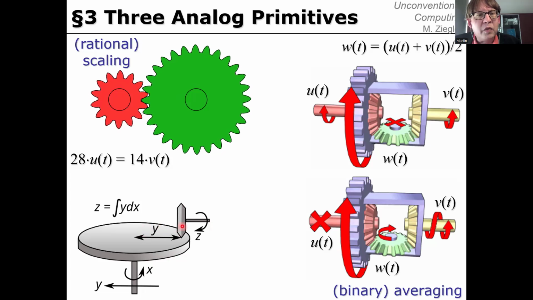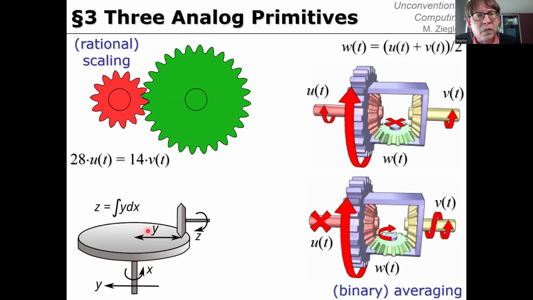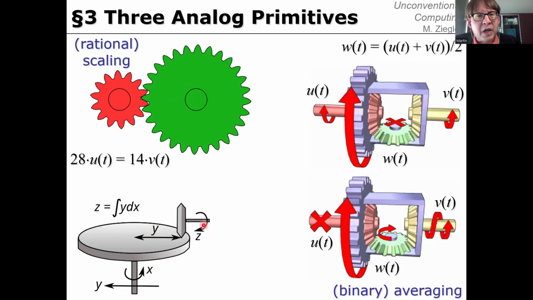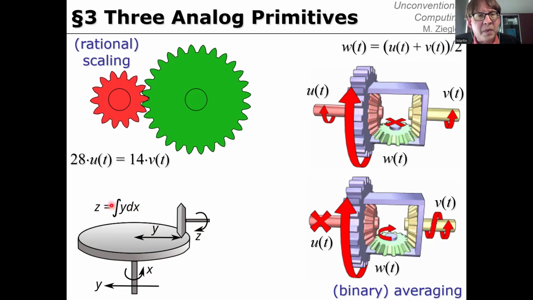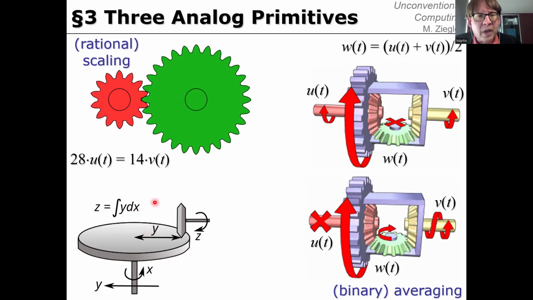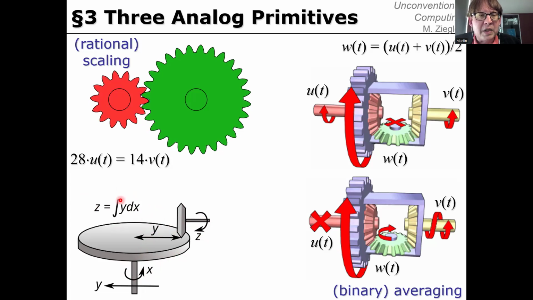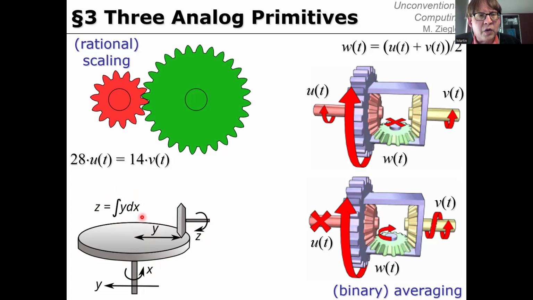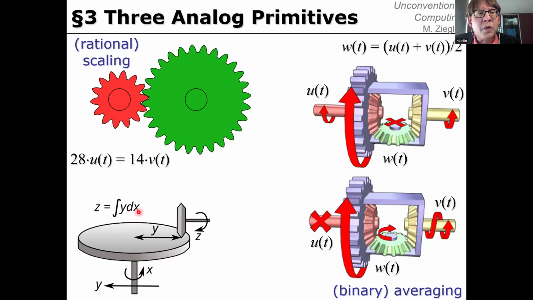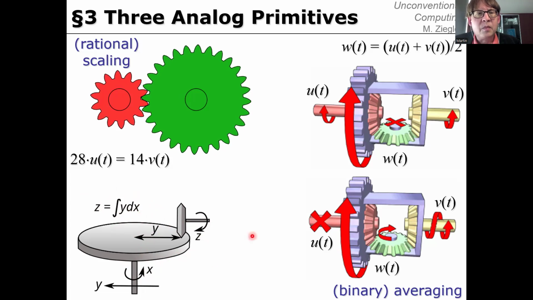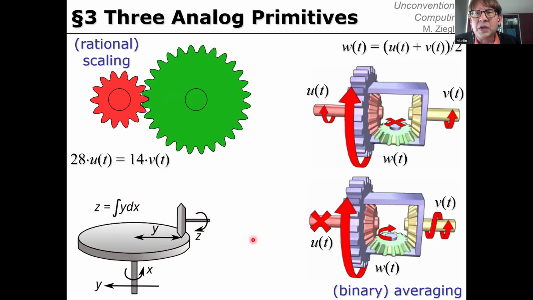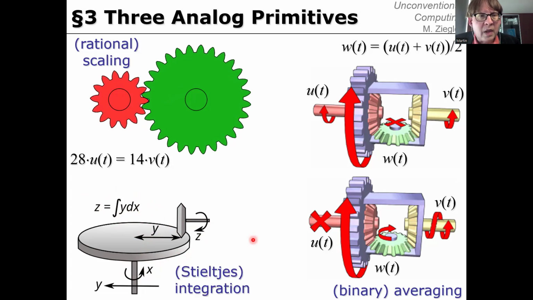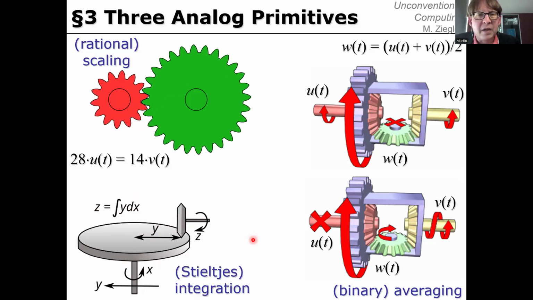And if Y moves back and forth here, and if this also changes its speed, then the rotation of Z is described by this integral. Now, do you remember this integral? This is a Stieltjes integral. So it means integrating Y with respect to X, not with respect to T, as in the Riemann integral, but with respect to X. And remember, we had a formula for that.